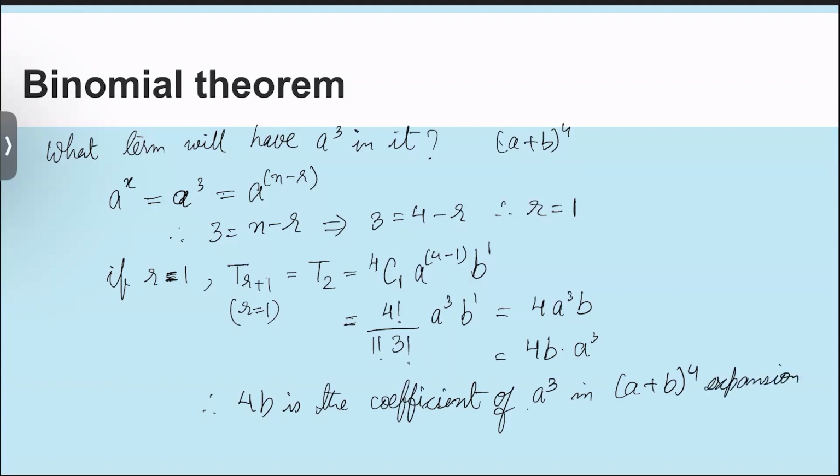So you can see that it is very easy to find any term, or the coefficient of a particular term that we want to find, by just using the formula that T(r plus 1) is equal to nCr a raised to n minus r and b raised to r. This is something that we can use.